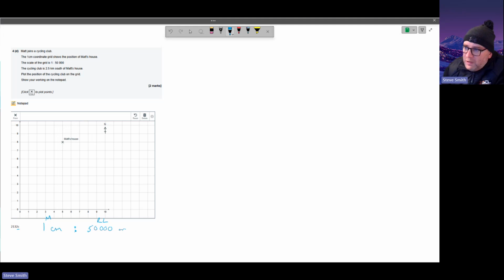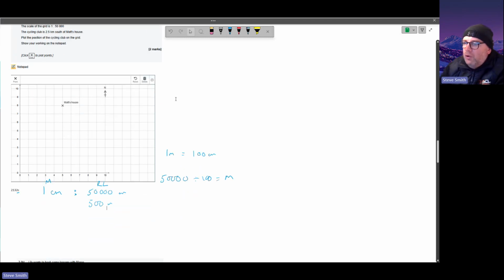So we know in 1 meter there are 100 centimeters. So if we divide 50,000 by 100, that will give us that number in meters. Dividing by 100, we just take 2 zeros off the end. So it's 500, that is now 500 meters.